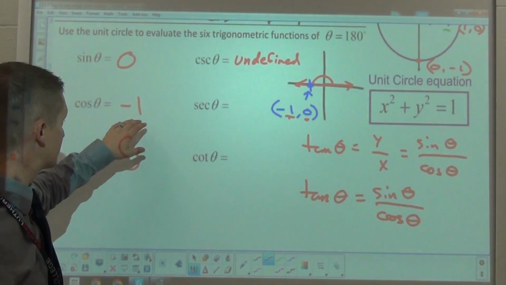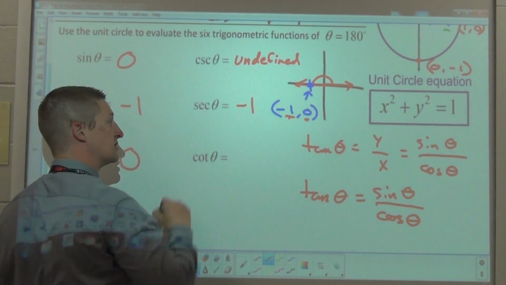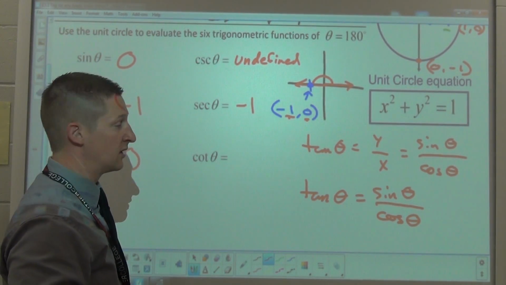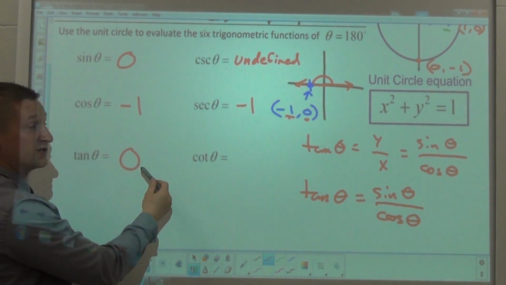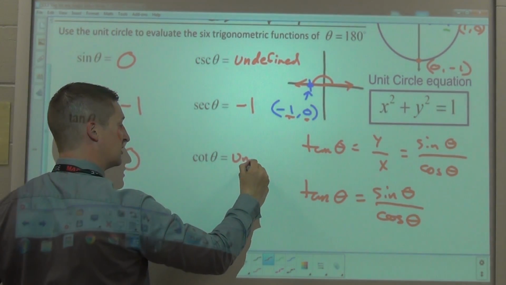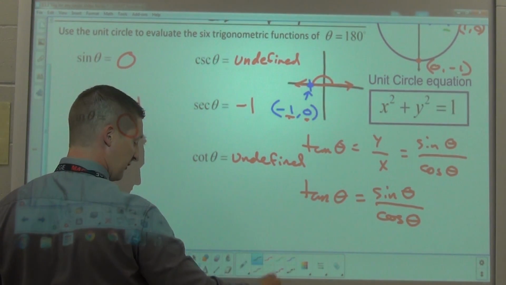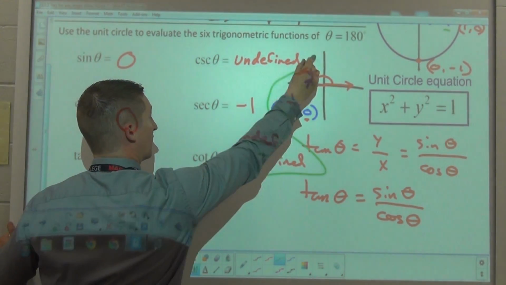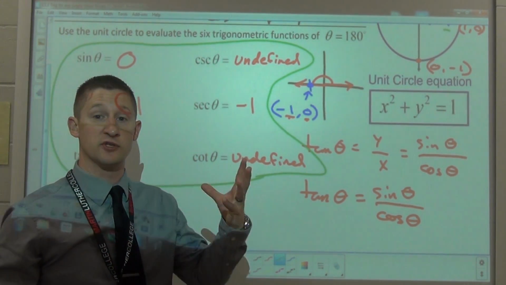The secant, well that's the reciprocal of -1, so I have 1 over -1, which is just the exact same thing, -1. My final one, the cotangent, well that's the reciprocal of tangent. Again, if tangent is 0, its reciprocal is undefined. So there would be the values of my 6 trig functions for 180 degrees using the unit circle as my guide.